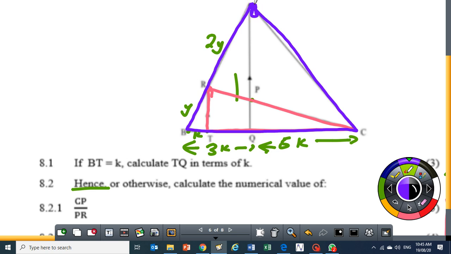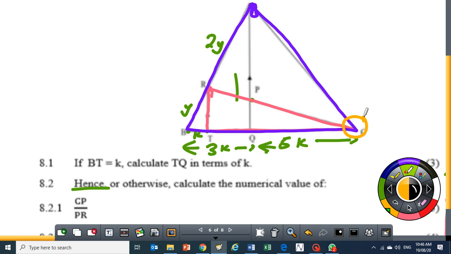There's something wrong with the pen now. Alright. Do we have a common vertex? We have a common vertex. We've got that. Okay? But are the bases on the same line?